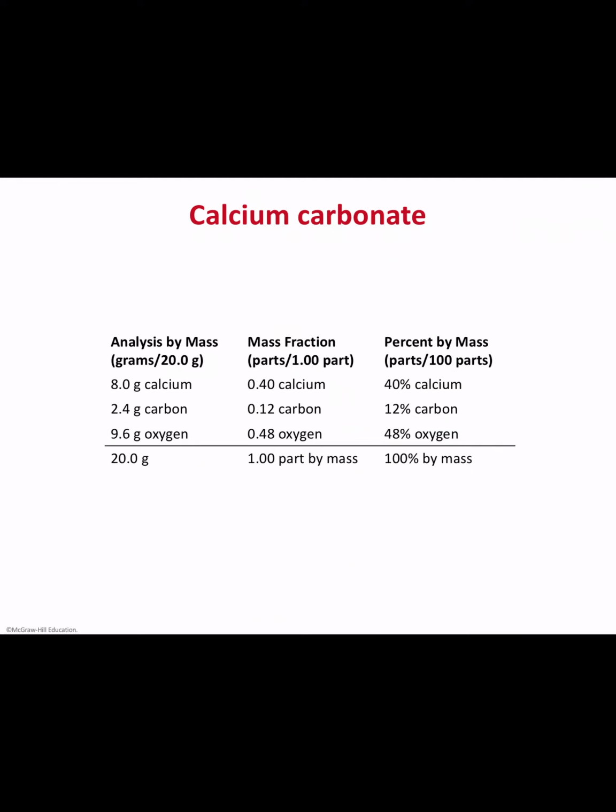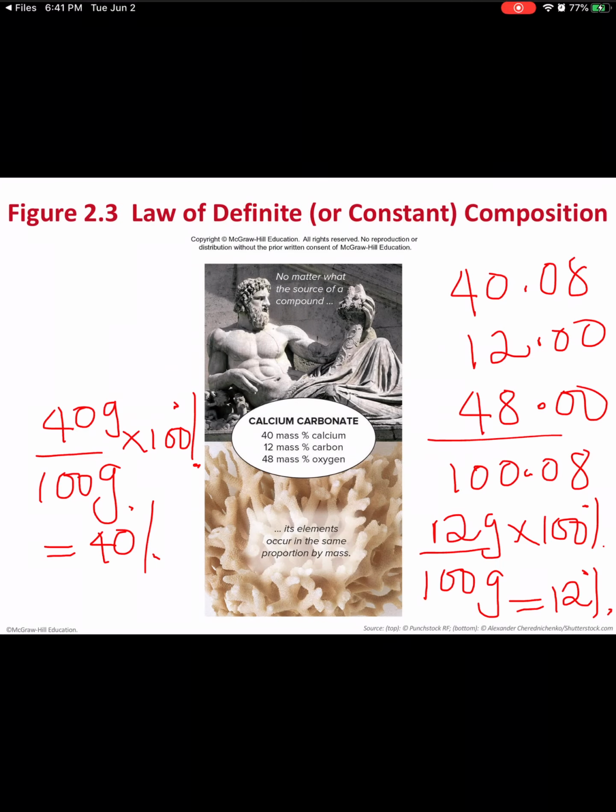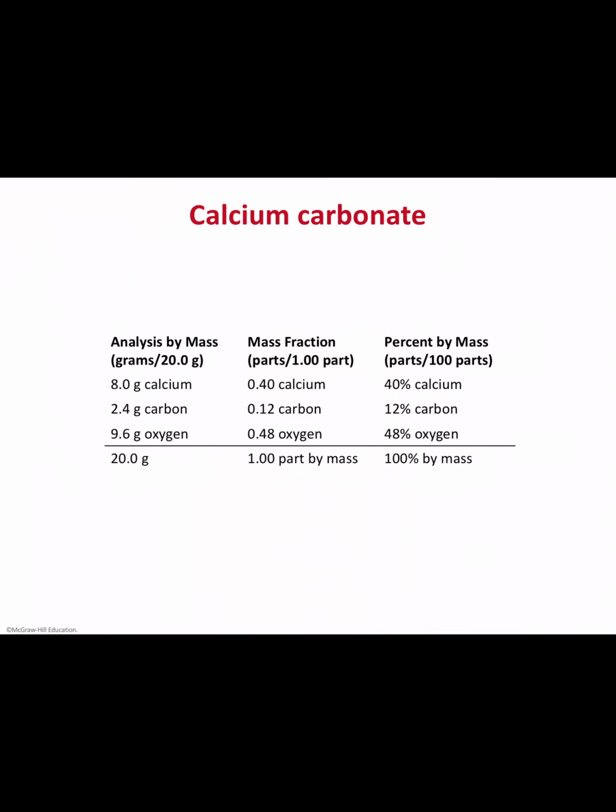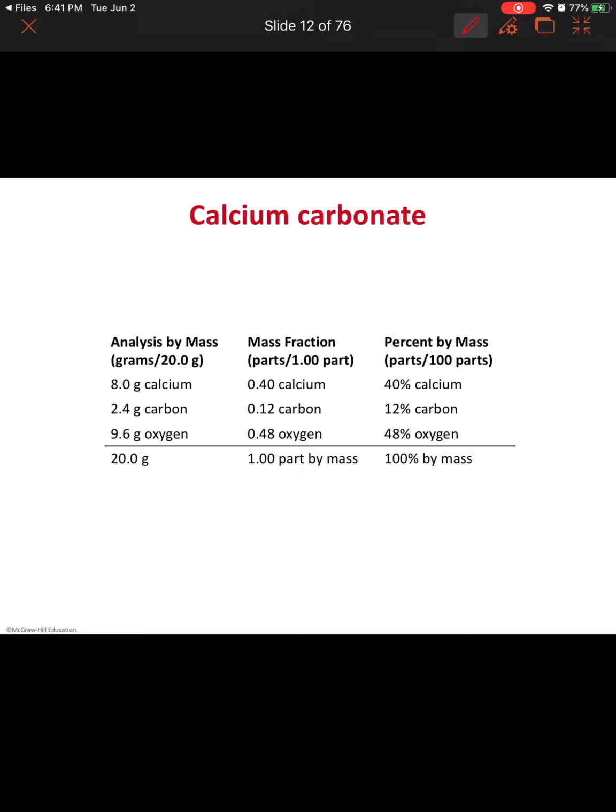Now let's say you start with the 20 grams, you want to find out how much calcium is in a 20 gram sample of calcium carbonate, but we know the ratio.